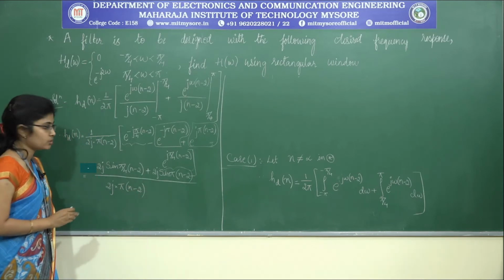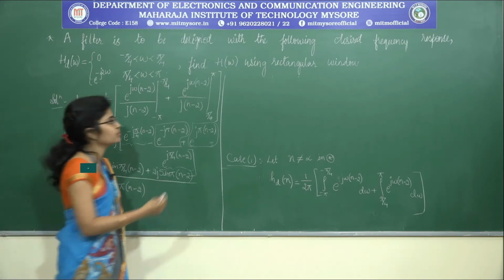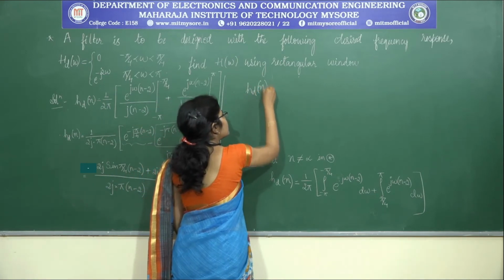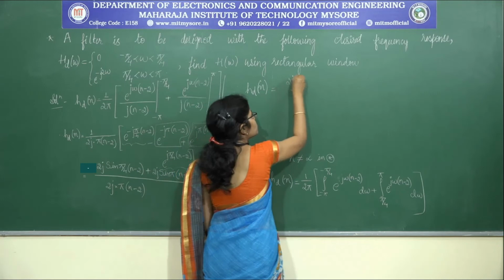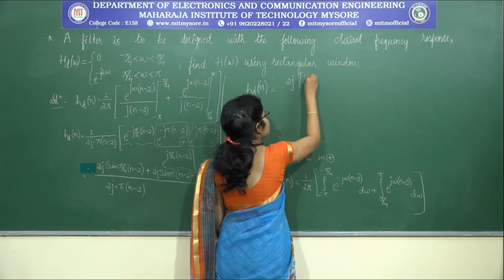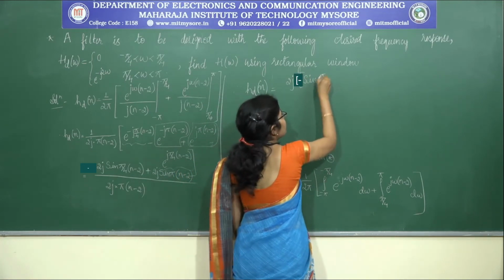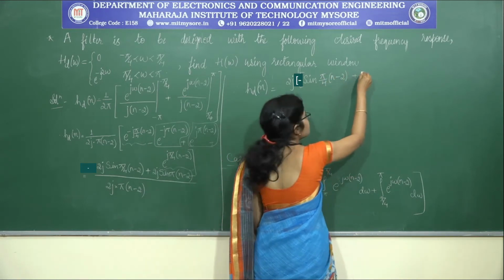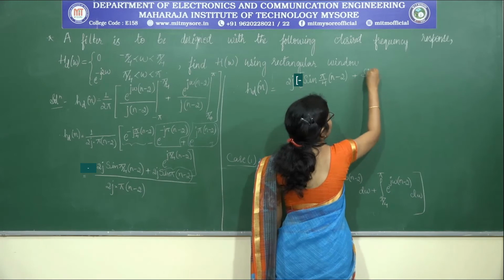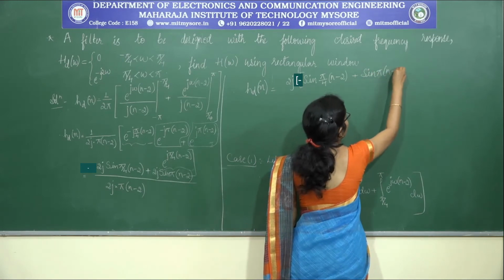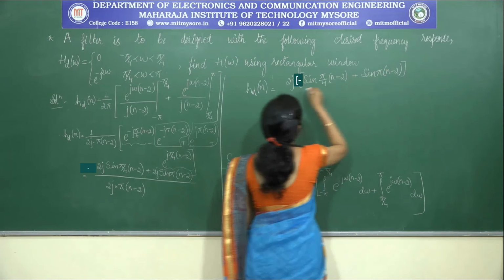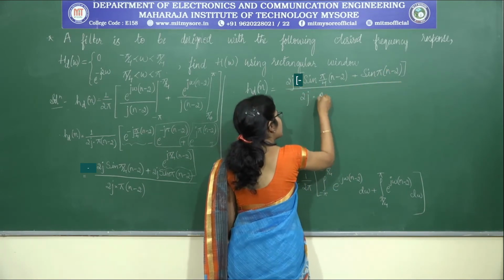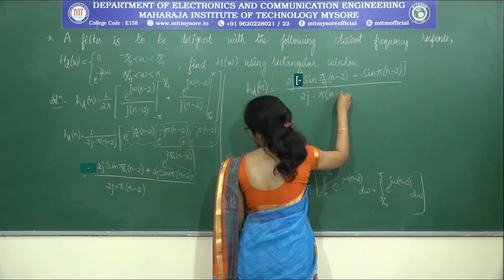So, in the next step what I can do, I can take 2j as a common factor in the numerator. Therefore, hd of n will be equal to 2j into sine pi by 4 into n minus 2 plus sine pi into n minus 2, whole divided by 2j into pi n minus 2.